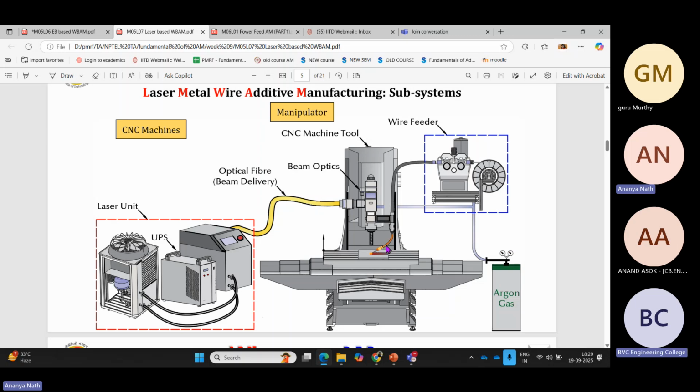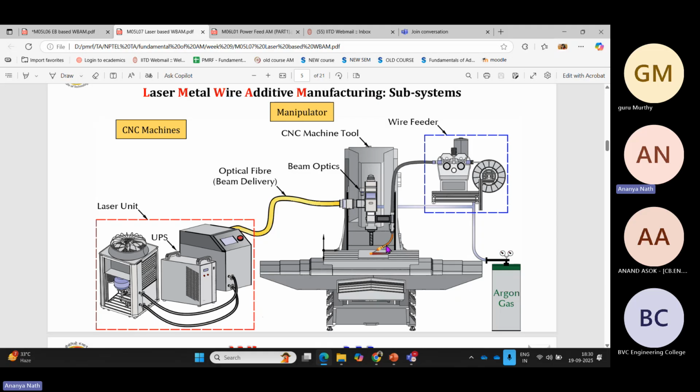But when you use maraging steel or some types of steel, we use nitrogen gas, because in some steels, when you deposit the steel in the presence of nitrogen gas, hard phases may get entrapped in your deposited bead. So there can be phase evolution because of the shielding gas itself. Do you have any doubt? So the role of shielding gas is very important.